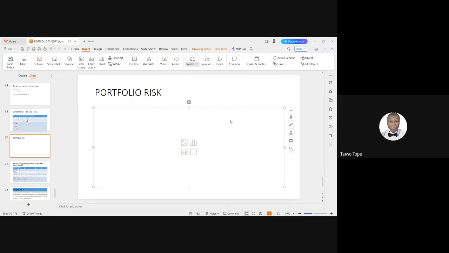Let me search for the symbol. Okay, I think this one is better.